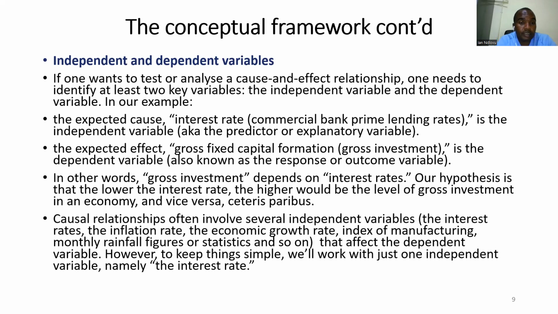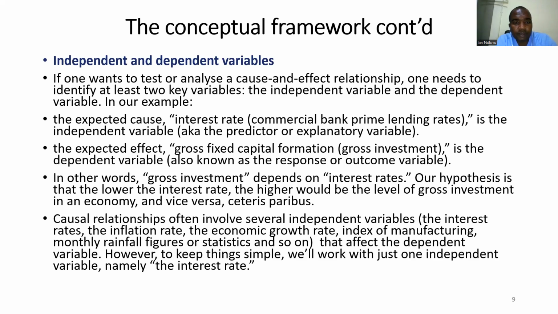The expected cause, which in our example from the previous video is the interest rate, which may be the commercial bank prime lending rate, is expected to be the independent variable, also known as a predictor or explanatory variable, as I've already noted.